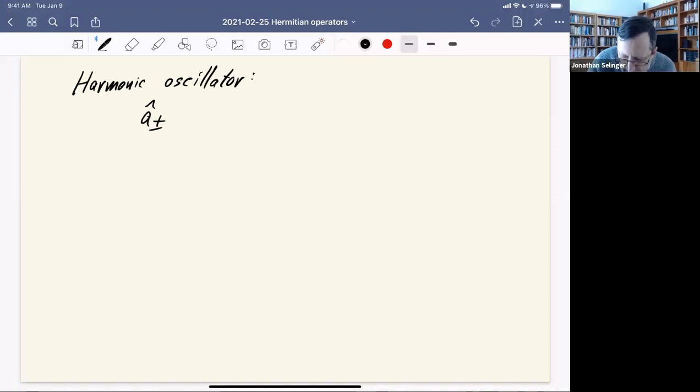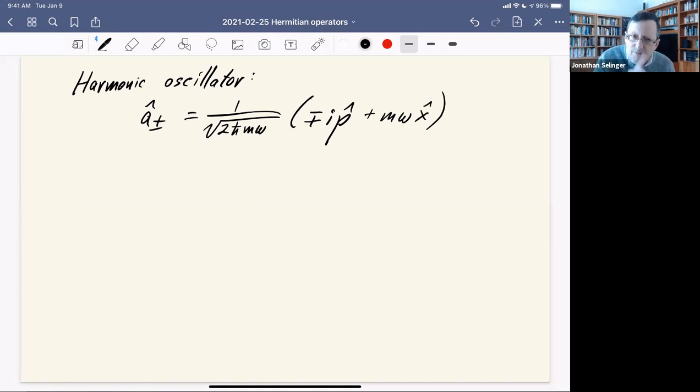So a plus or minus is equal to 1 over the square root of 2 h bar m omega, and then minus or plus i p hat plus m omega x hat. Suppose I want to know, are these operators Hermitian or not? Well, let's figure that out.